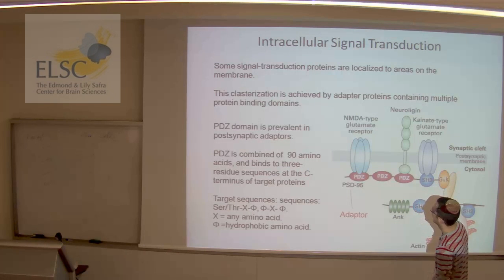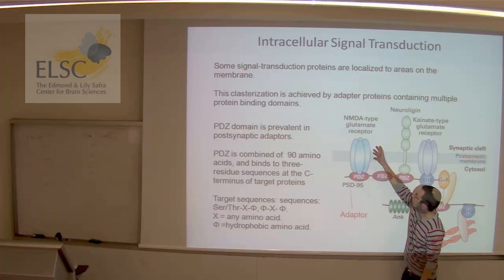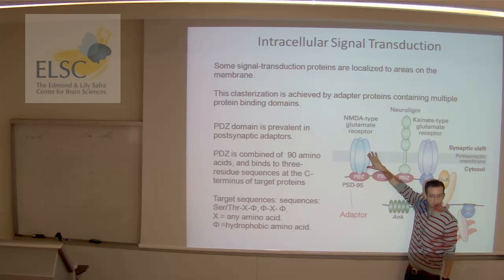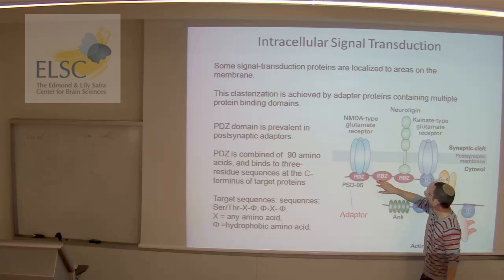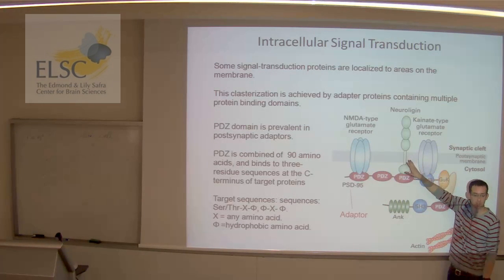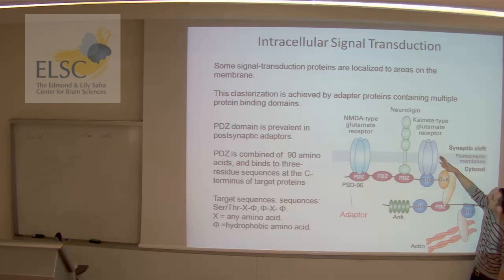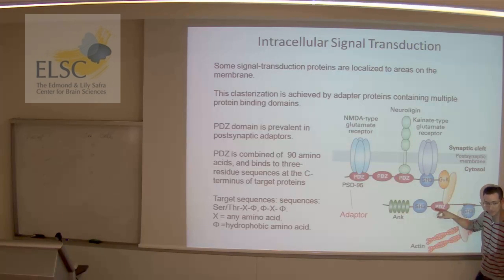Okay, so PDZ, for instance, will interact with the NMDA receptor at the postsynaptic sites. It will interact with an adhesion protein called neuroligin, and with other proteins, for instance other glutamate receptors. And through additional adaptor proteins, it will eventually even interact with the intracellular cytoskeleton, for instance the actin component.